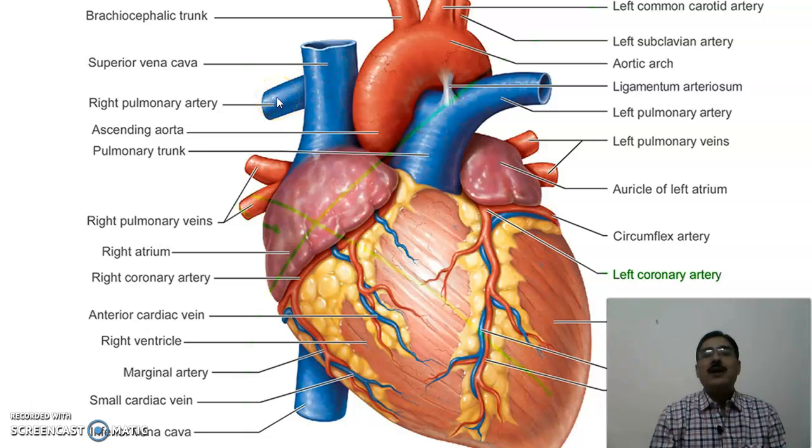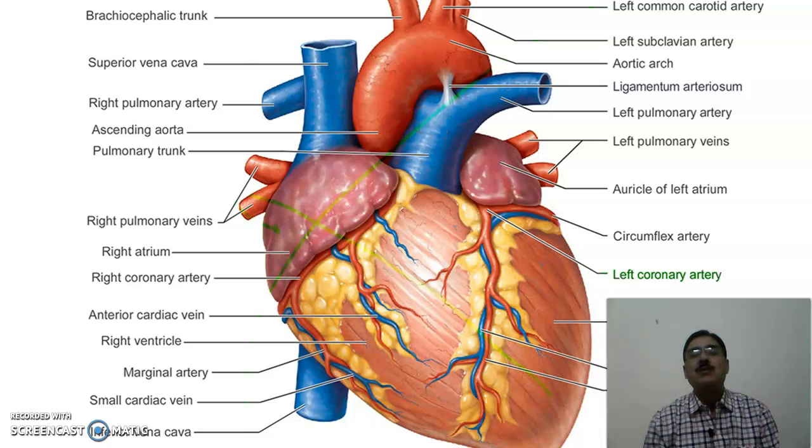The blue color indicates the presence of blood with less oxygen, or deoxygenated blood, and the red color indicates oxygenated blood, or blood carrying more oxygen, due to the presence of oxyhemoglobin, which is bright red in color.